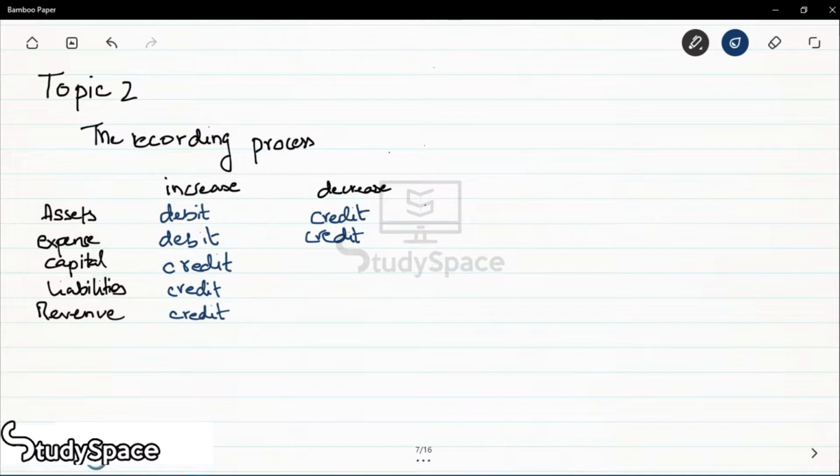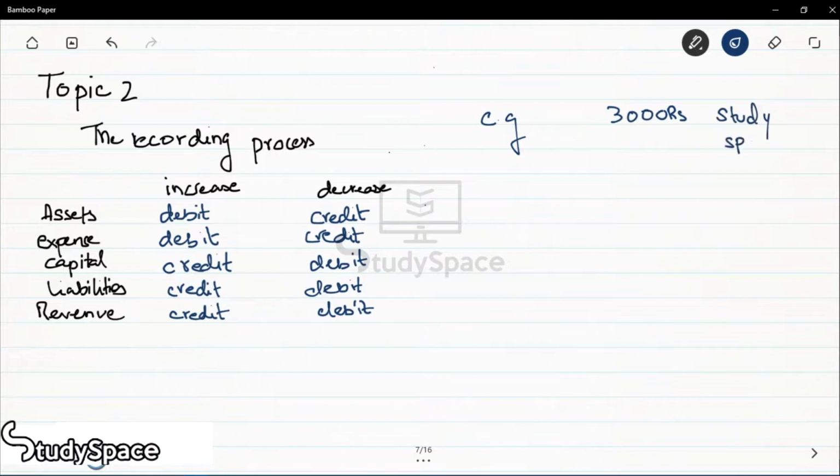So for example, if you had taken a loan and you had paid out 30% of it, let's say for example, I took a loan of 3,000 rupees from Study Space and I paid out 50% of it, which is 1,500.